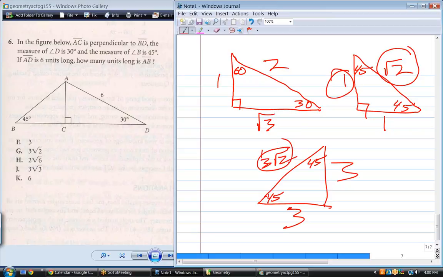So that is 3 root 2. And that is a typical geometry problem in the sense that you can't solve for this side directly. But what we can do is solve this triangle to get this side here, and then once we have that side, we can use the similarities and the unit triangles to get AB.